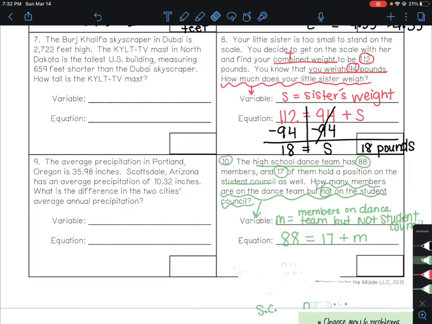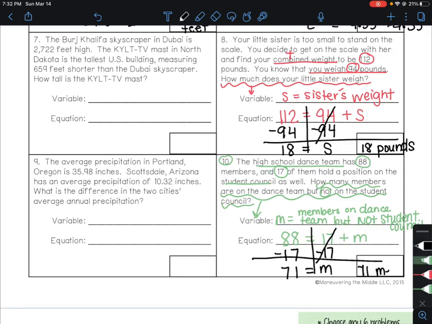But all 88 of those people are on the dance team. Draw your line down. Subtract your 17 on both sides so that you can isolate, get the M by itself. 17 minus 17 makes a 0, exactly what we wanted. M is going to be equal to 71. So there's 71 members who are on the dance team but do not do student council.